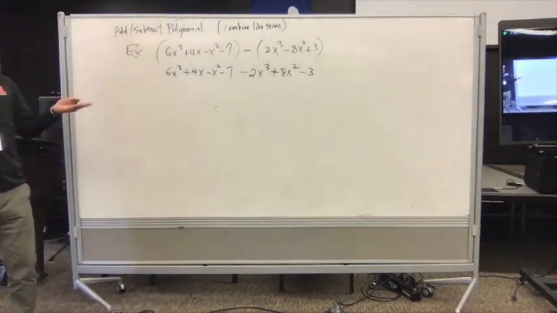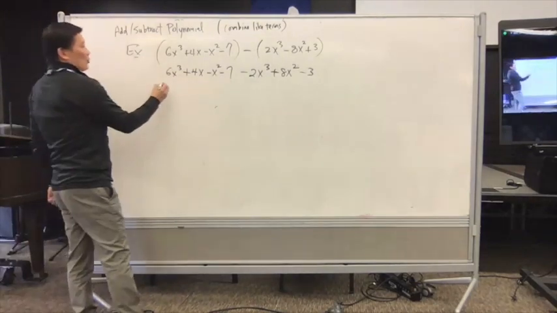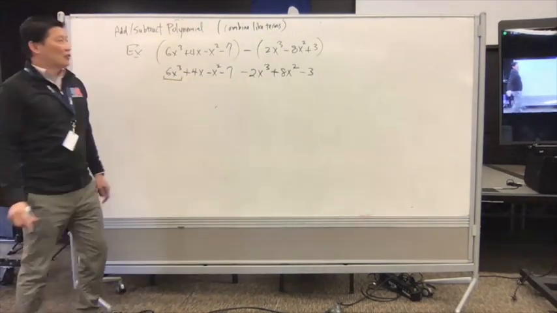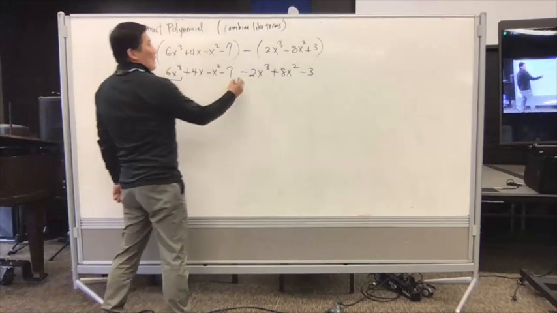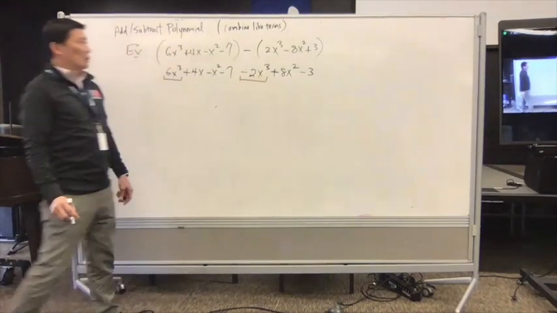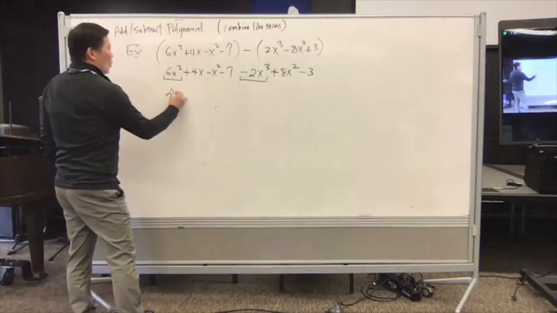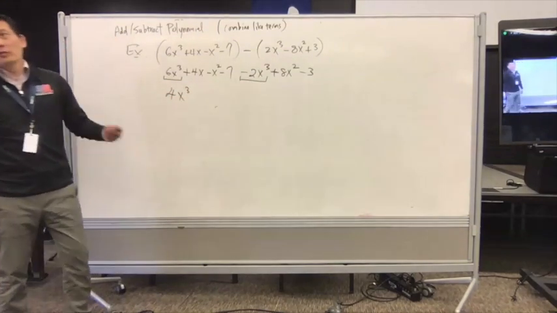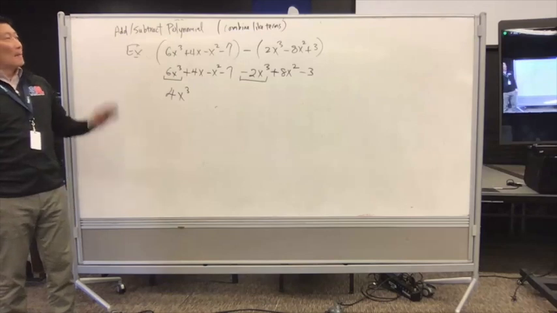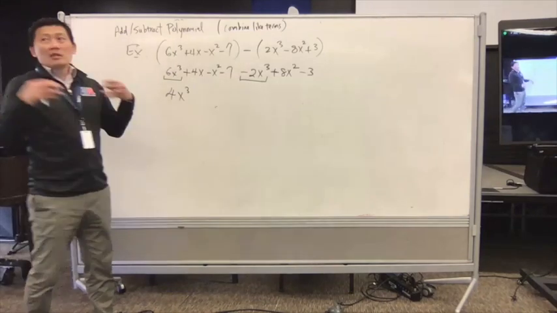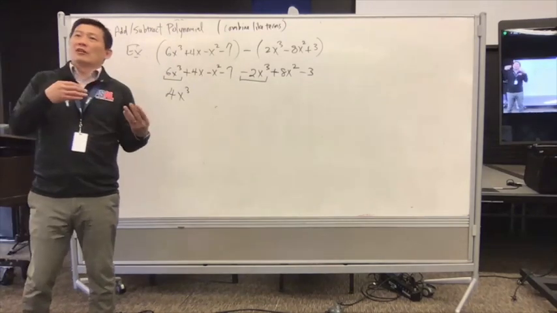So now you just need to combine like terms. We have the first set of like terms, the x cubed terms: 6x cubed minus 2x cubed gives you 4x cubed. You just have to be able to take inventory of this. Make sure you keep track. The next one has to be one power less than x cubed.